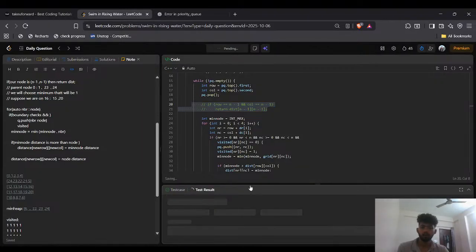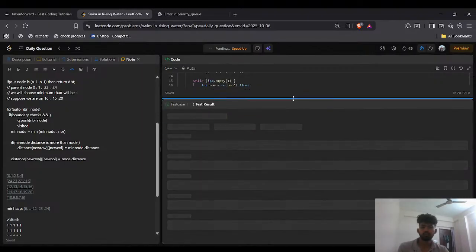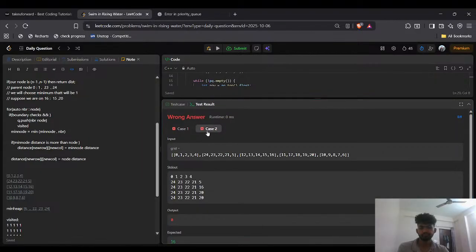Now look, 1, 2, 3, 4, 5, 16. Then there is 21, 16, 20, 20. If the value is less, then it is doing something crazy.